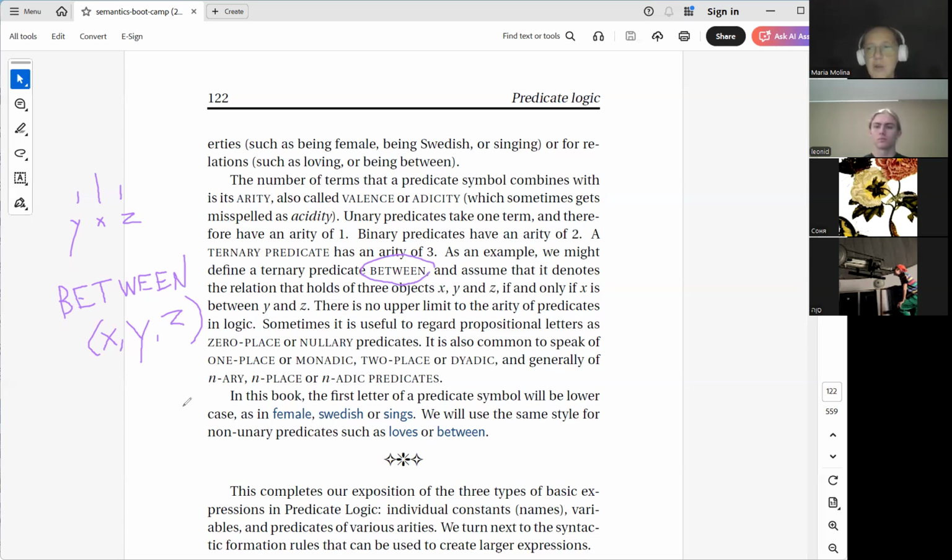And actually there can be any value of valence. The row can be anyhow long, no upper limit.